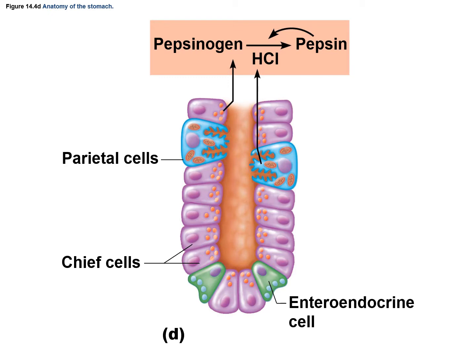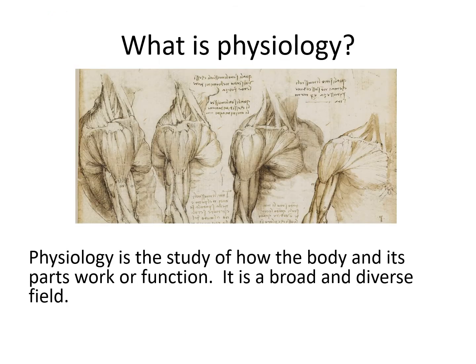Again, you're not responsible for pepsinogen or hydrochloric acid or pepsin at this point. I just wanted you to have a general idea of microscopic anatomy. Again, you would never be able to see a parietal cell or a chief cell or even an enteroendocrine cell without a microscope.